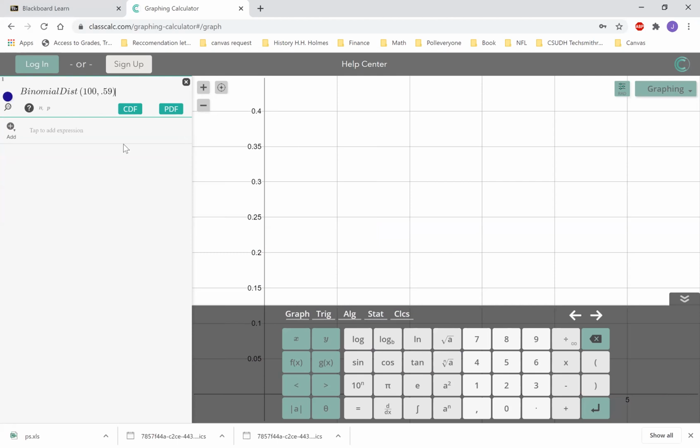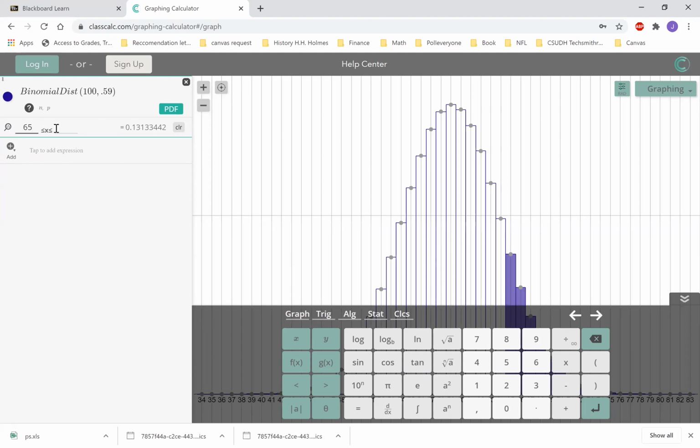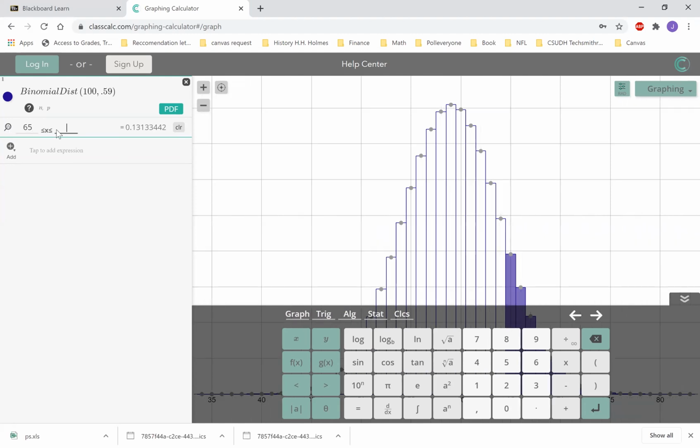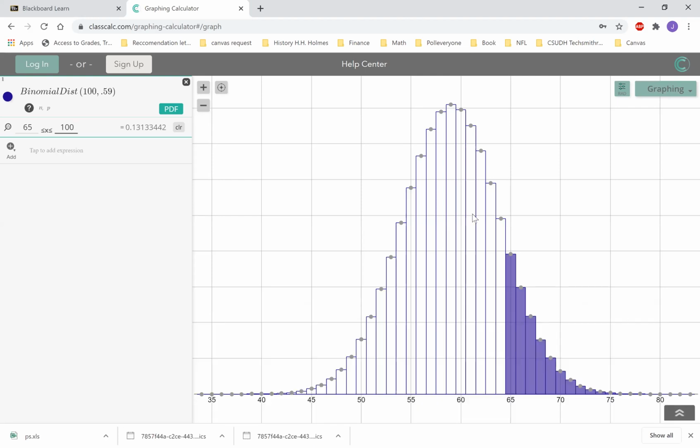For this one, you want to use CDF because you don't want one number, you want a range of numbers. For my lowest, we'll put 65, and for the highest, we'll put 100. If you look at my calculator, at the distribution, you can see how it got 65 and then everything up to 100.